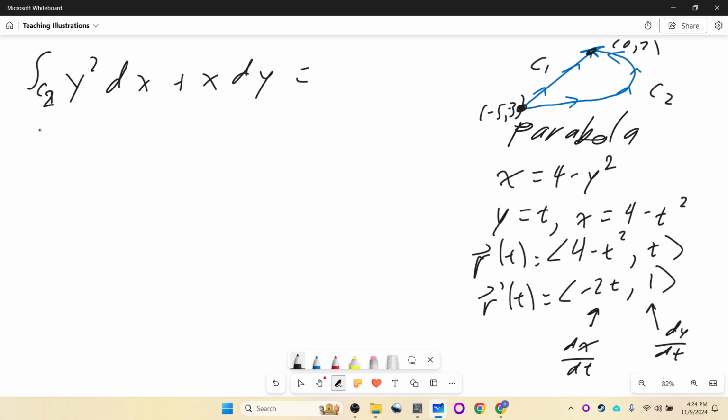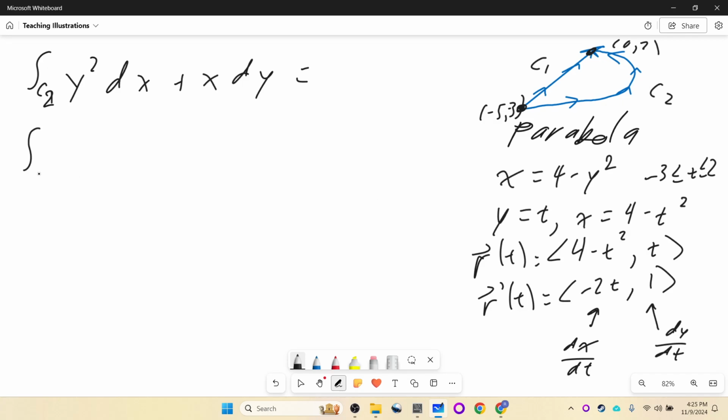So let's check the parameter of this. y equals t. y goes from negative 3 up to 2. So in this case, t would also go from negative 3 to 2. You could certainly rescale this to make it go from 0 to 1 if you wanted to, but there's really no need. The only rule with the parameter is it has to be increasing, and it is.